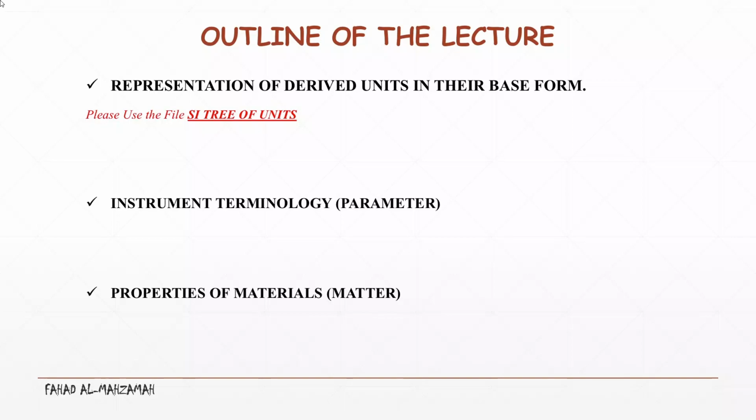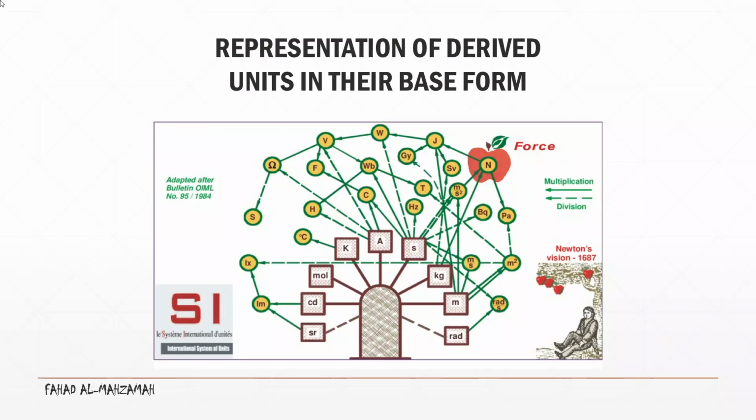So let's start with the first section, which is the representation of derived units in their base units form. The main thing in this section will be this SI tree of units. This file is already attached in the Blackboard, and as you can see, this tree of units has many units.